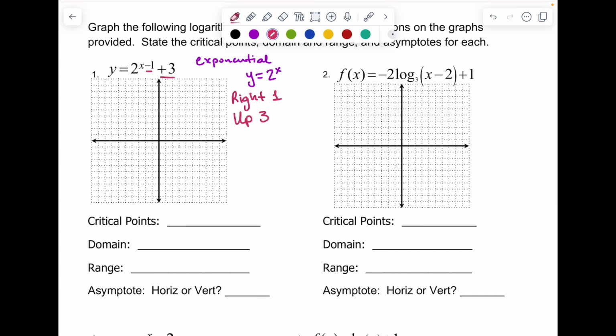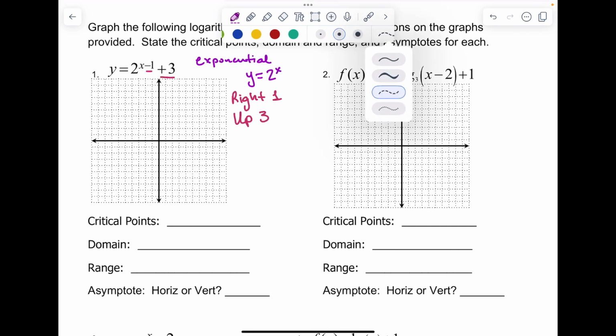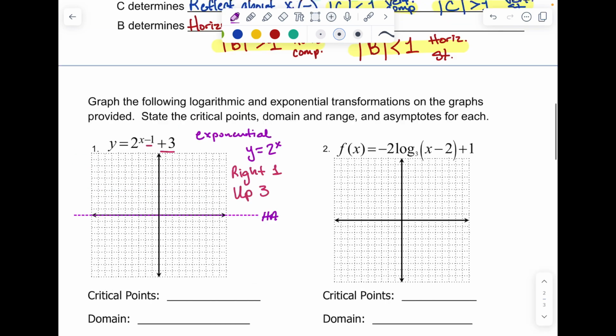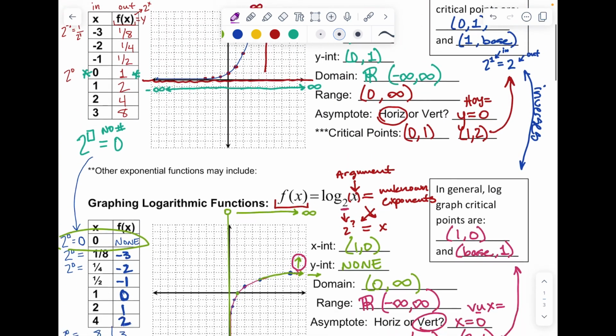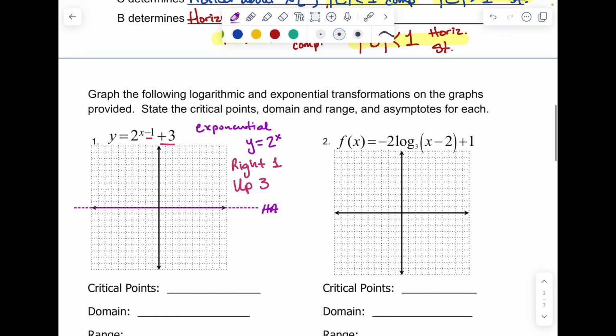So while you're graphing this, the key things are the horizontal asymptote, which I am putting here, and the critical points, which if we look back up at the top, our critical points for exponential are 0, 1, and 1, base.